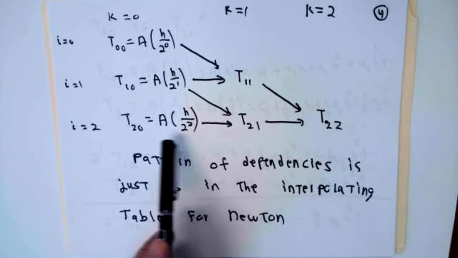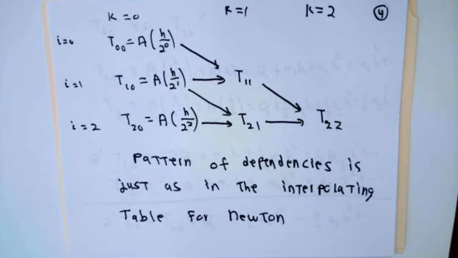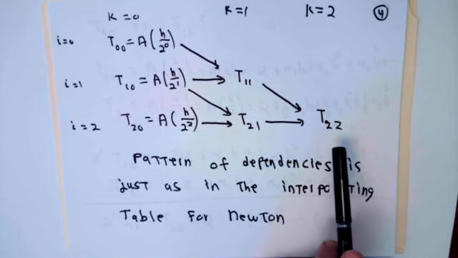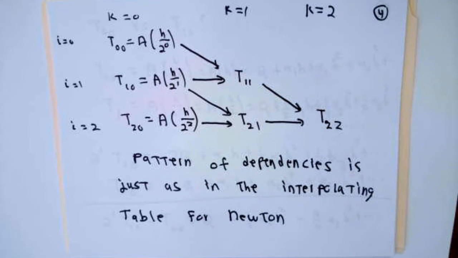I will do the same for T21. Once I know those two numbers, which in some sense should be better approximations to the actual quantity that I'm interested in, somehow we will combine these two numbers and hopefully get an even more accurate approximation. So my row indexes and my column indexes are going to be just as in the Newton table.